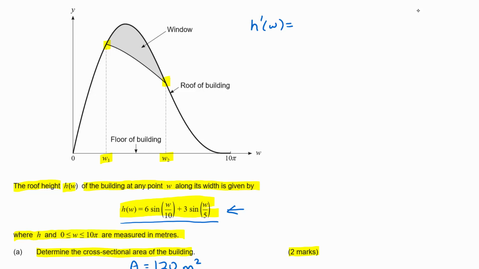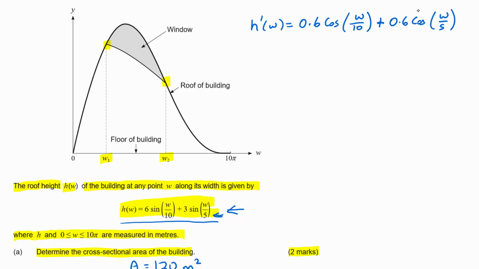So what comes out of here will be 1 over 10 or 0.1. So we're going to get 0.6 cos w over 10. And then what comes out of that one with the chain rule will be 1/5. So we've got 3 over 5, which is also 0.6. Sine differentiates to negative cos. Sorry, differentiates to cos. So that will be 0.6 cos w over 5.